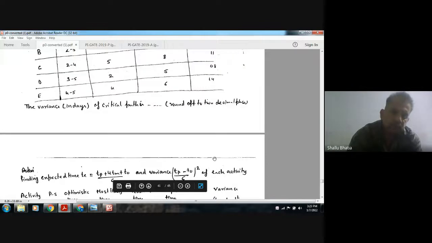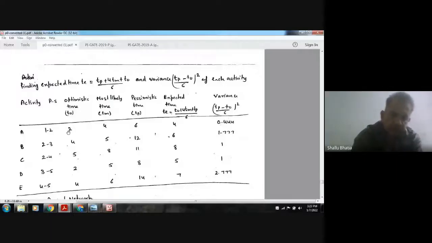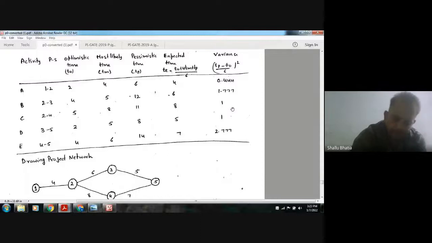To find the critical path, we have to find the expected time, which is (t0 + 4tm + tp) by 6, where t0 is your optimistic time. So this is your variance. Now draw the project network.